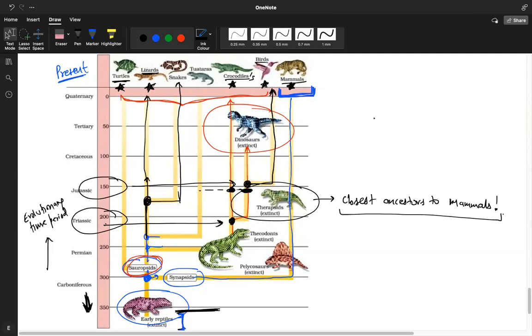Like you have your alligators and crocodiles, which actually come from reptiles, but then they went back and started living in the water. The land reptiles basically were the ones that developed into dinosaurs. So write down, the land reptiles became the dinosaurs.